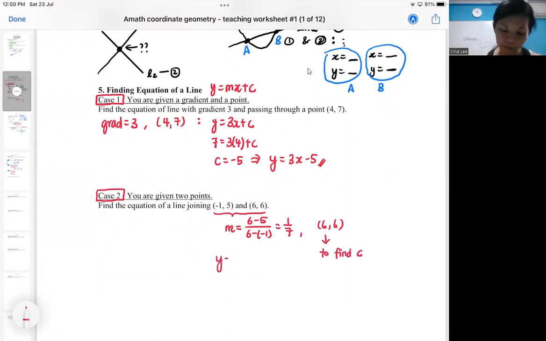So do the same thing. So in this case, I'm choosing this to find c. You can use the other coordinate, it's just that I don't like to use a negative coordinate.